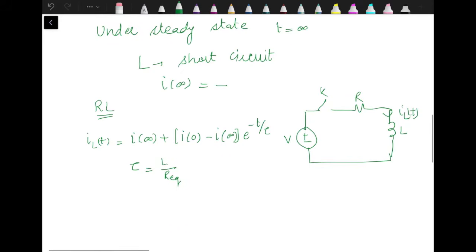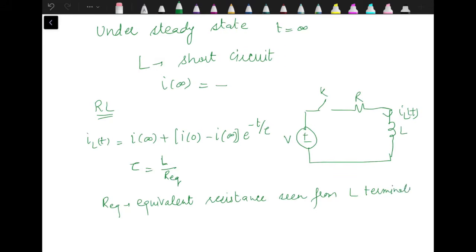R equivalent is the equivalent resistance seen from the inductor terminals. Like in this case, if we have only one resistance, then it will be L by R.